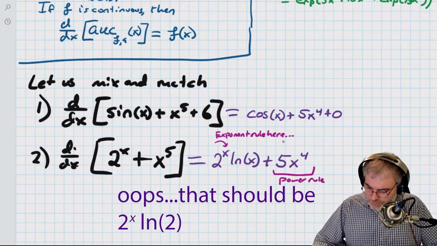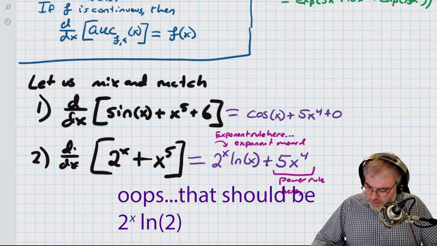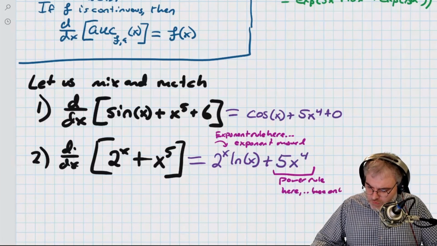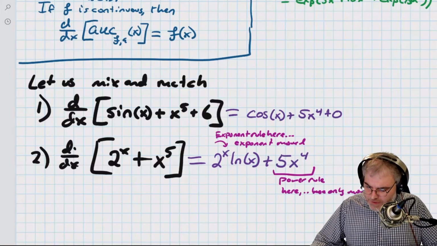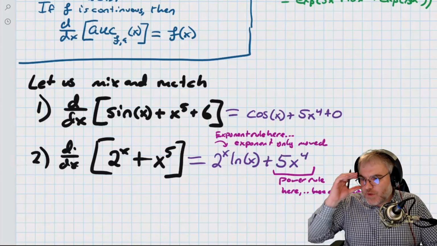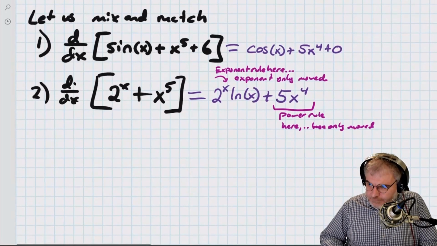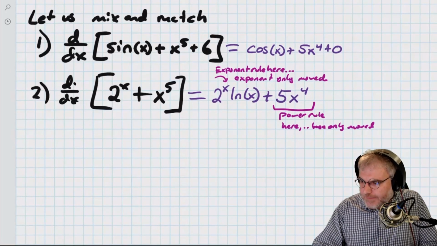Exponent moved. Power rule here. Base only moved. And I should say exponent only moved here because I can't do this if the exponent and the base are both moving. How do we feel about that one, 1 to 5?